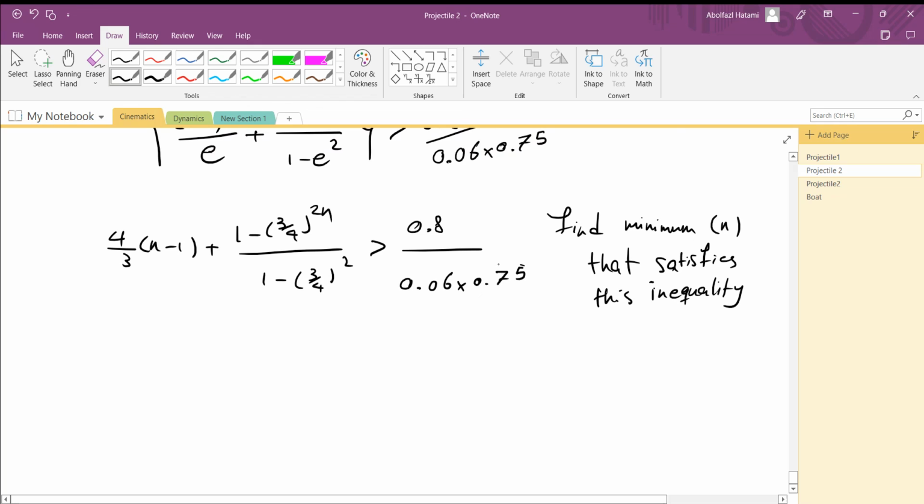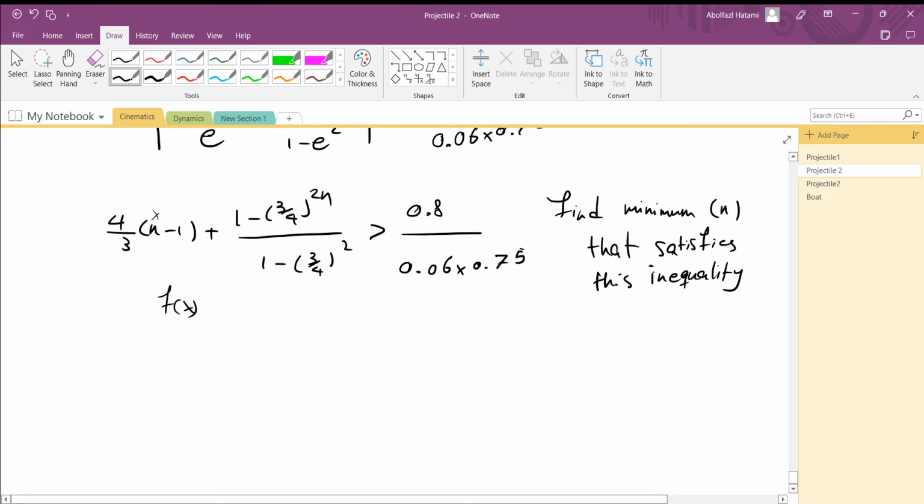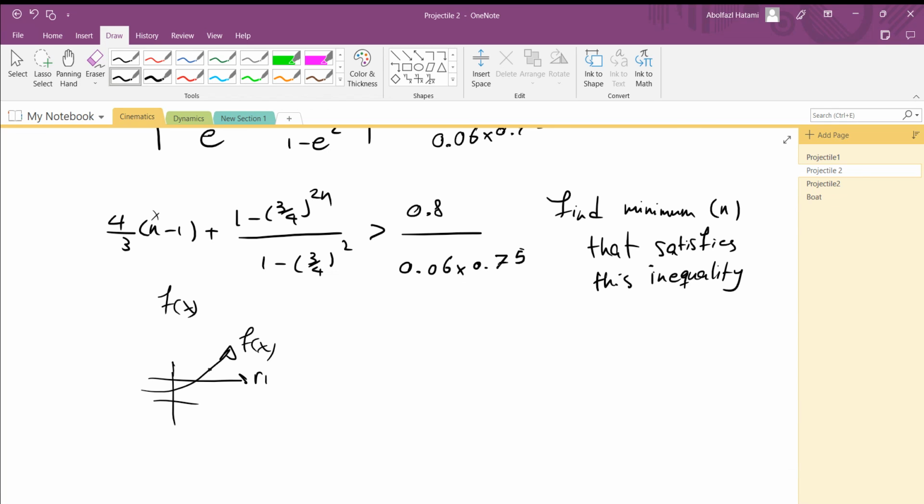We can graph the left side, and we substitute n as x. For example, we consider it a function of x, f of x, where n is x, and we can graph it and also graph the right side of the inequality, and then understand what this n is.